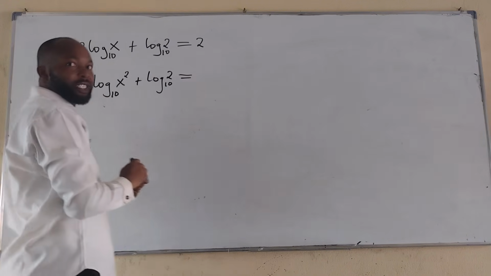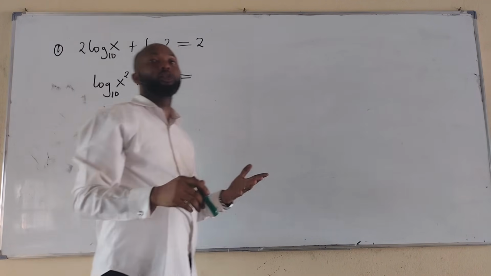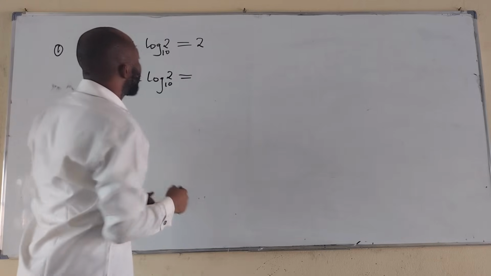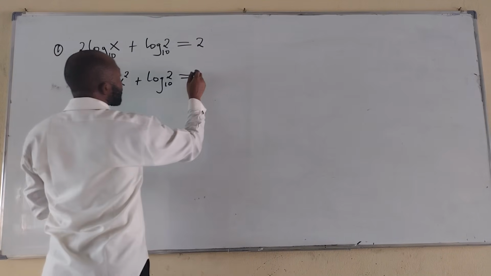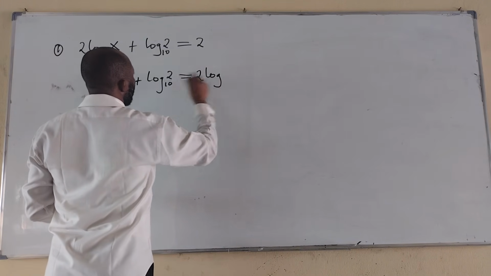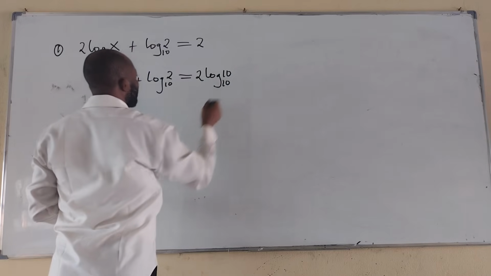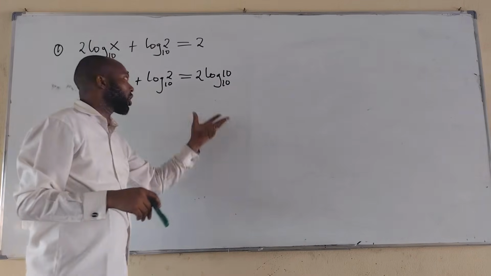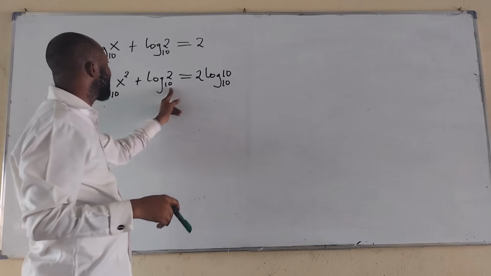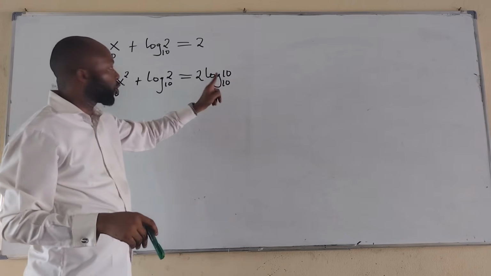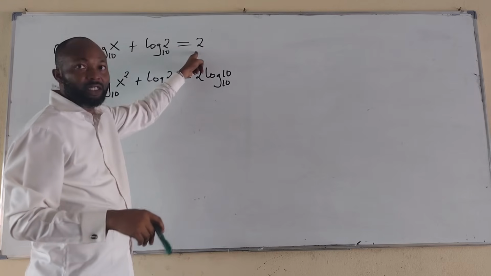Because the left hand side of my equation has log in base 10, I have to introduce it here in a way that maintains what it is. So this becomes 2 log 10 base 10. The reason I use base 10 is because I have base 10 in this log. And I know log 10 base 10 is 1, and 1 times 2 is still 2, so it has not changed.